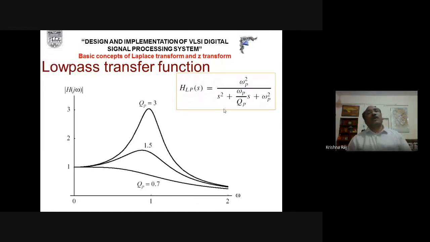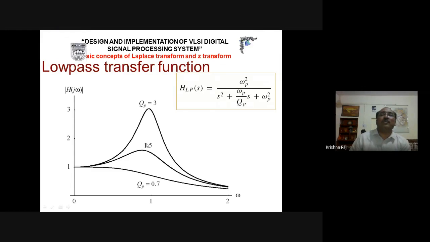If the frequency range, ripples and attenuations are given, then on that basis we will derive a mathematical equation. Naturally that equation will be a differential equation, and if we apply the Laplace transformation, we will get this type of transfer function, and we can analytically draw the graph.